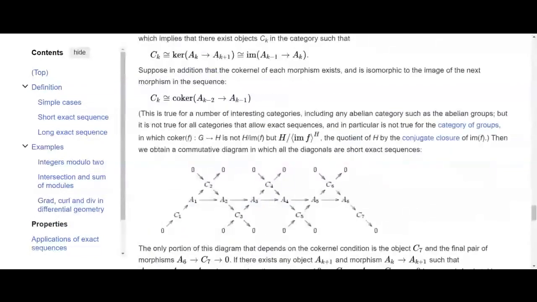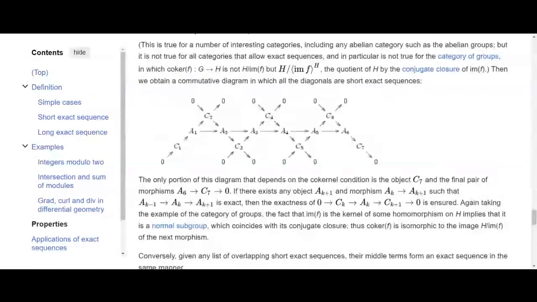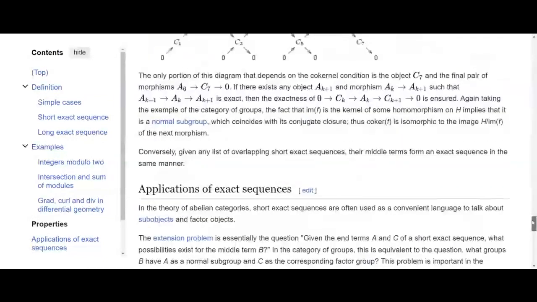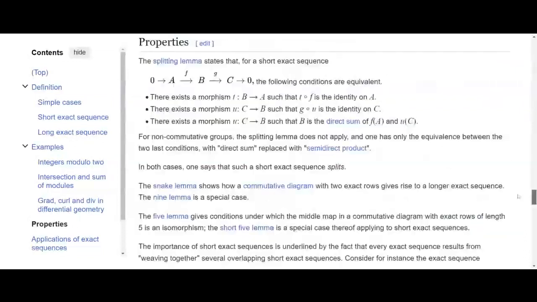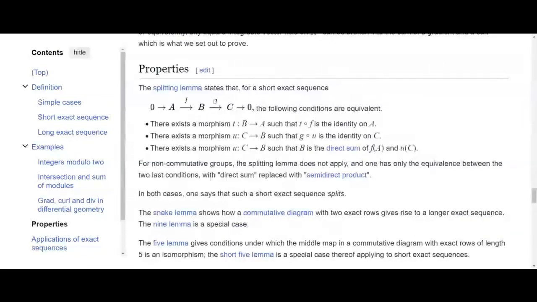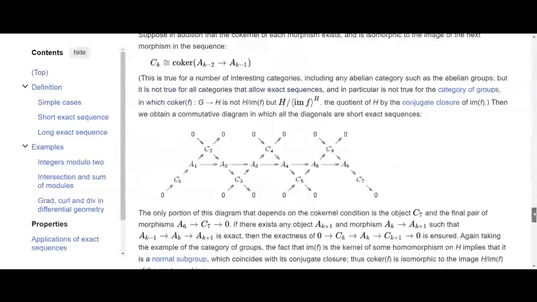So there's a nice argument over here that requires you to decompose. If you have a sequence in general, so here's an exact sequence: A1, A2, A3, A4, A5, A6. Let's say an exact sequence of abelian groups.